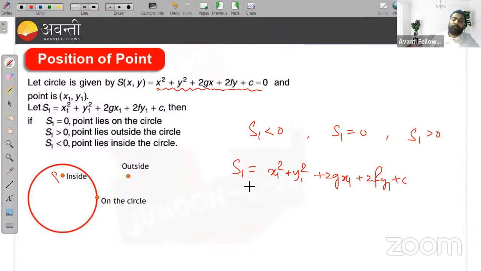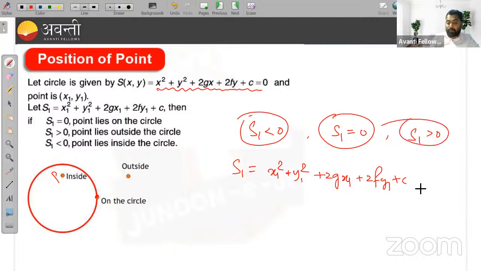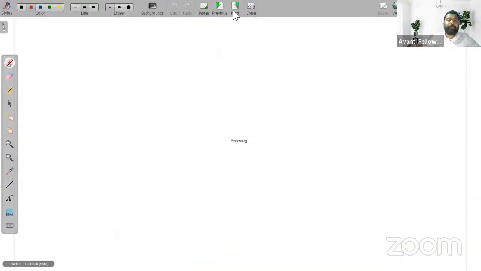When S1 becomes 0, we can say it is lying on the circle. If it becomes less than 0, then this is lying inside the circle. And if S1 is greater than 0, then the point is lying outside the circle. Is that clear to everyone? Clear? Let's move to the next thing.